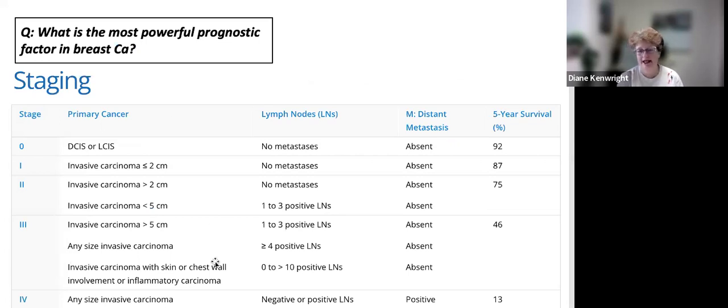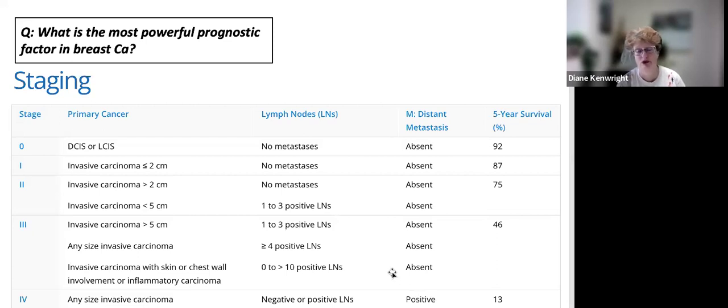So if a cancer has spread to somewhere else, in other words, there's distant metastases in the TNM system, T is the size of the tumor, N is lymph node involvement, M is metastasis. If there's distant metastases, this is the most adverse prognostic factor.